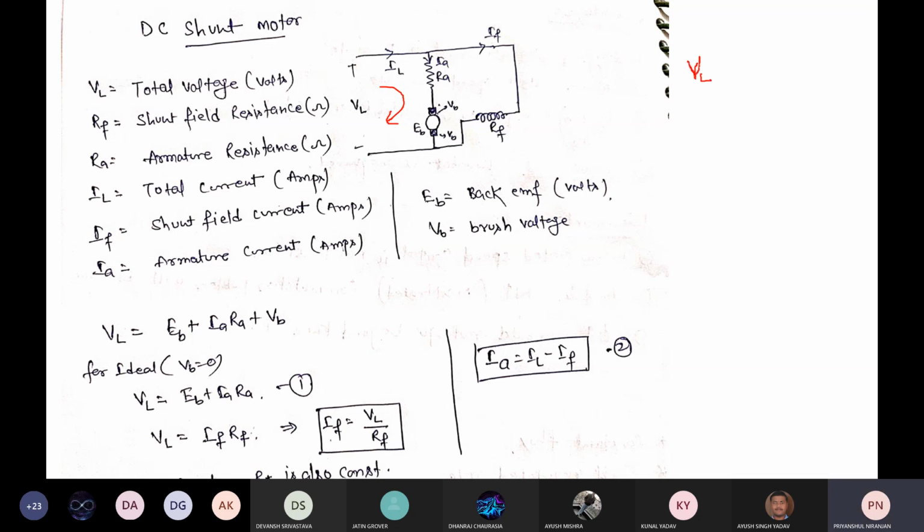Apply the KVL, find out the VL equation. Anyone apply the KVL and KCL and find out the VL voltage. Anyone?